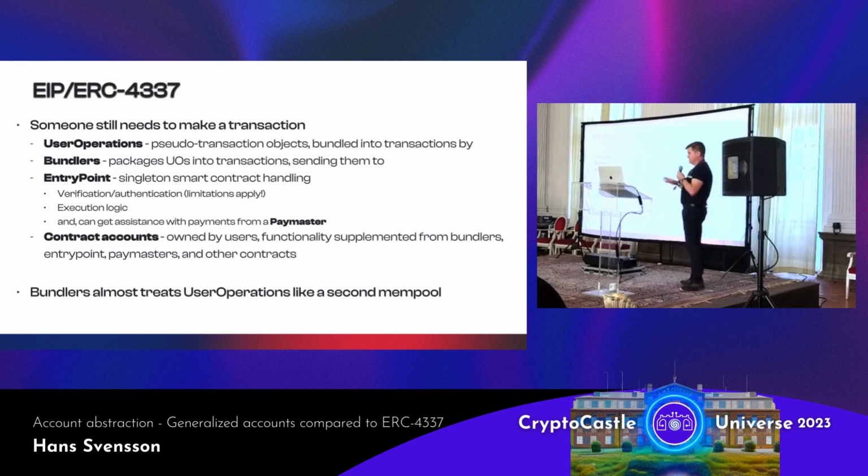And basically, much like generalized accounts, this is a 2-step process. You have the first step where you do verification/authentication. The user operation is sent to a special function in the entry point contract, which calls the user's contract account, and that function will say yes or no. The limitations apply, very much like in the generalized account case.